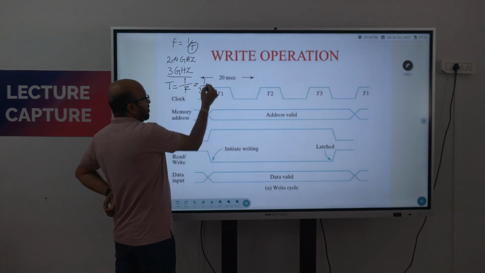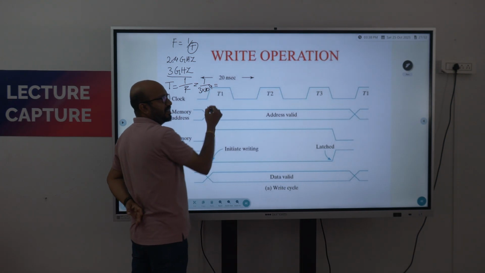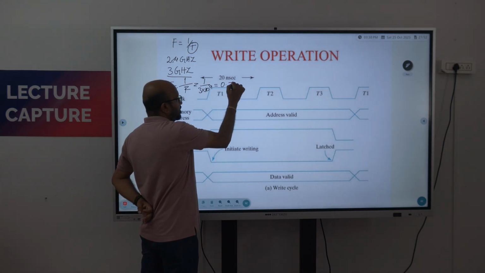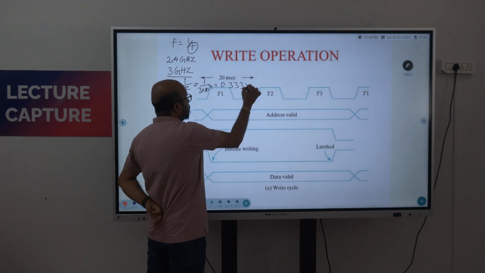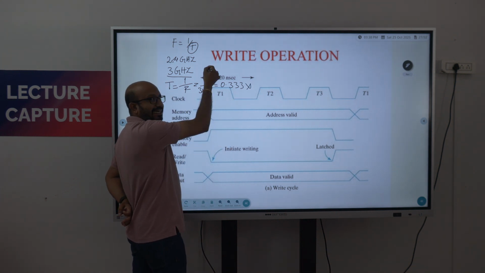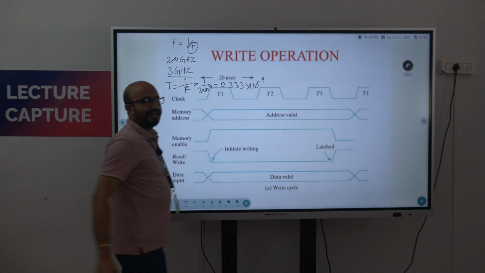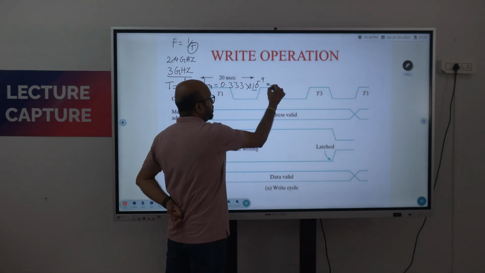If we take this to the numerator, 1 divided by 3 is 0.3333 etc., and 10 to the power 9 taken to the numerator becomes 10 to the power minus 9. So this 10 to the power minus 9, what is the unit?